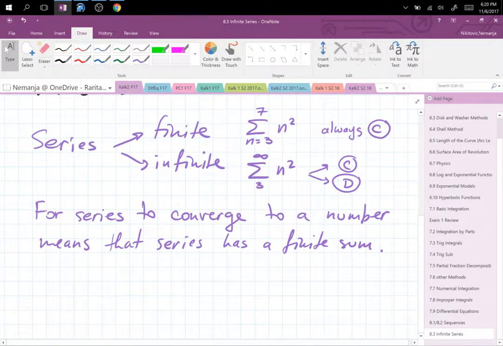So you add infinitely many numbers and you get a quarter, or 2, or pi squared over 16. So you get a value. That's what it means to converge.